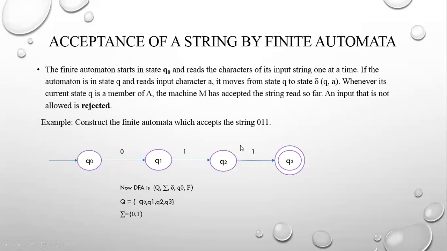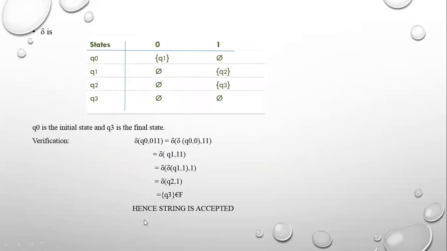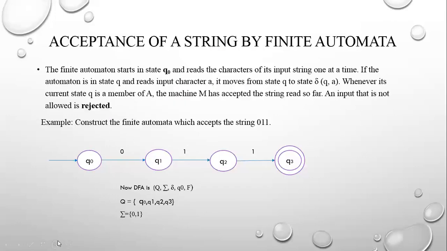The alphabets are 0 and 1, so sigma is equal to 0 and 1. Delta is represented as either a transition diagram or a transition table. This is the transition diagram, and using it we can generate a transition table.